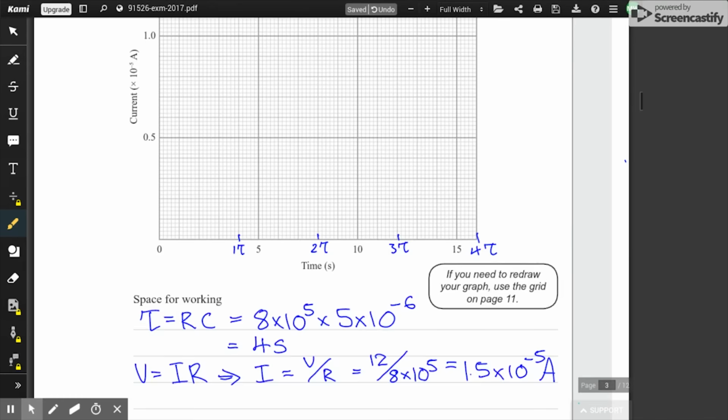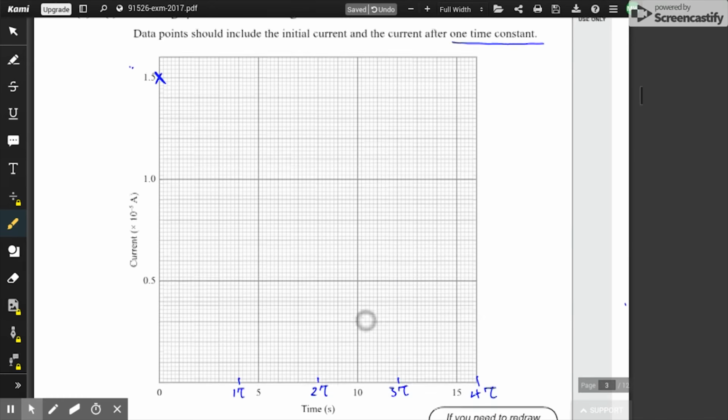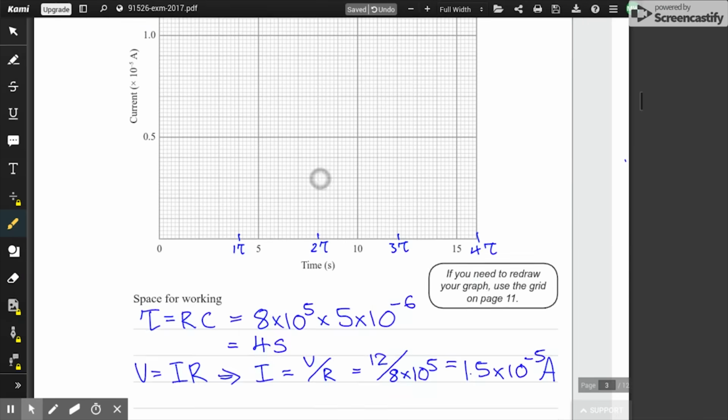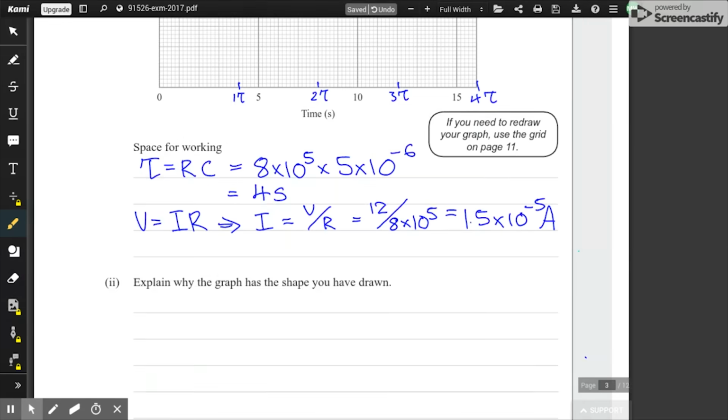Okay, so we know that our maximum is going to be our 1.5 here. So we know there's a point there. We now need to find what a 63% reduction in that is going to be. So the easiest way to do that is if we recognize that if we start from a value and we reduce it by 63%, what we have left over is going to be 37%.